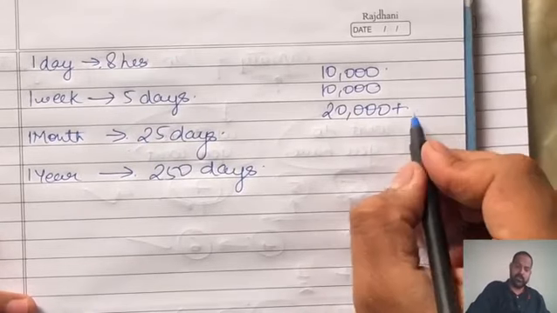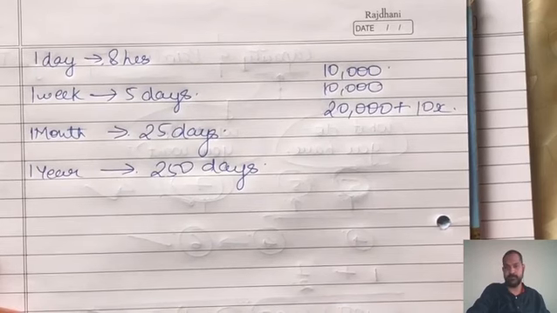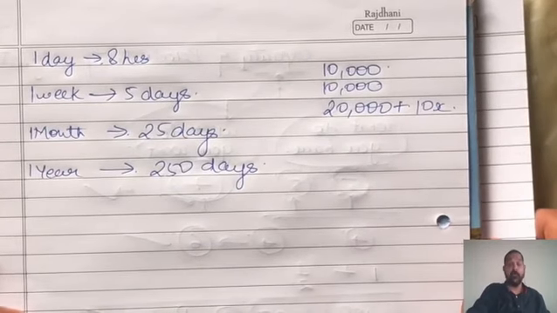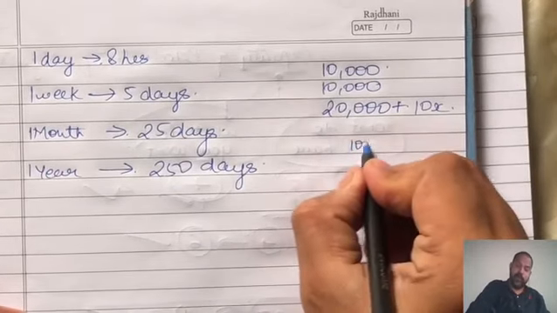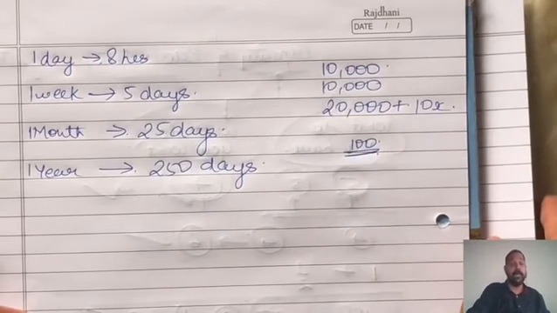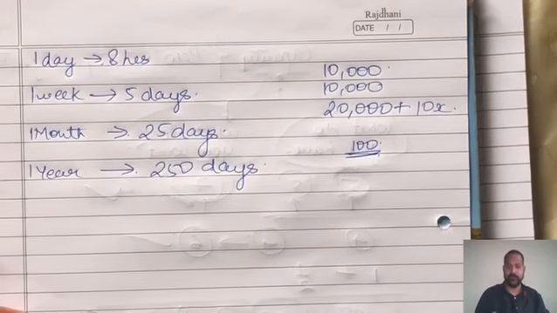What is the variable cost? The variable cost is 10 rupees into the number of units you make. Now, if I tell you that this product is going to be sold for a minimum of 100 rupees per unit, then how many units do I need to produce so that I have profit?